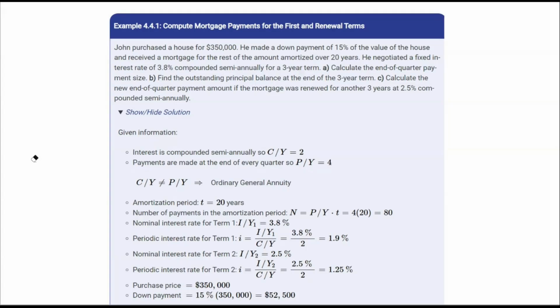So the compound frequency is 2, and payments are paid quarterly.